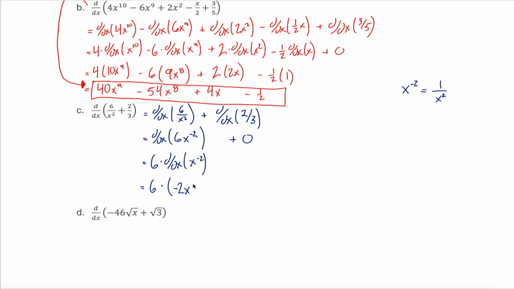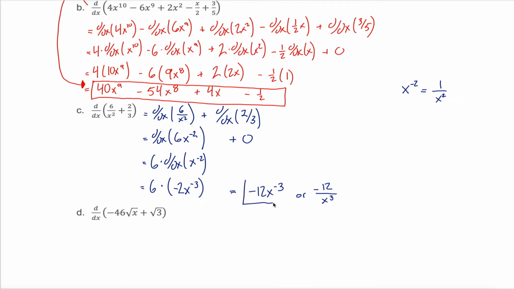Negative 2 minus 1 is negative 3. So the derivative of x to the negative 2 power is negative 2 times x to the negative 3 power. So the derivative of this entire expression would be negative 12x to the negative 3rd power. Or if you want, negative 12 divided by x cubed, because negative exponents mean take the reciprocal of, loosely speaking.